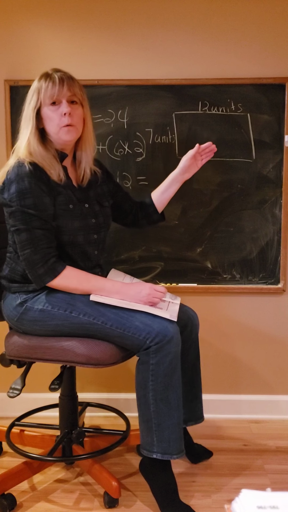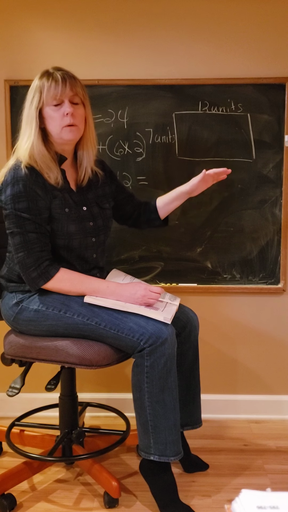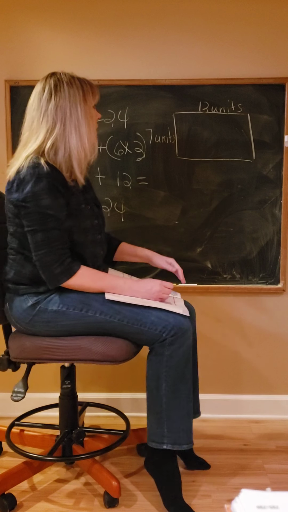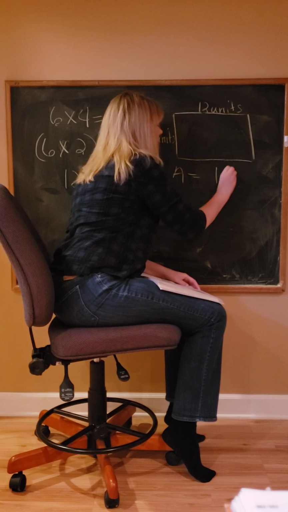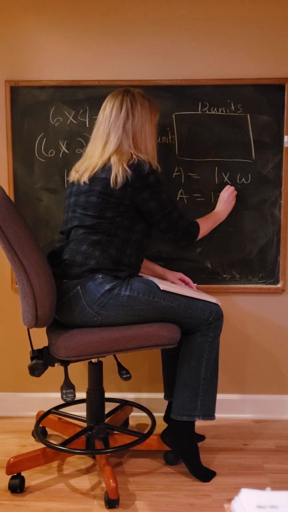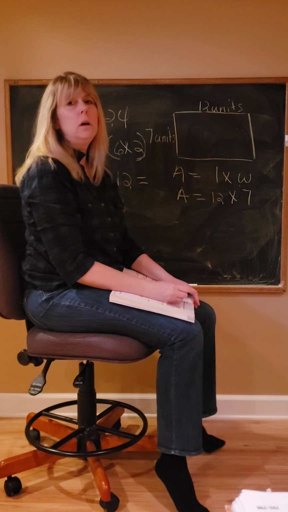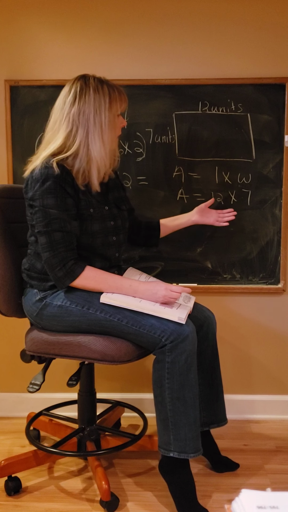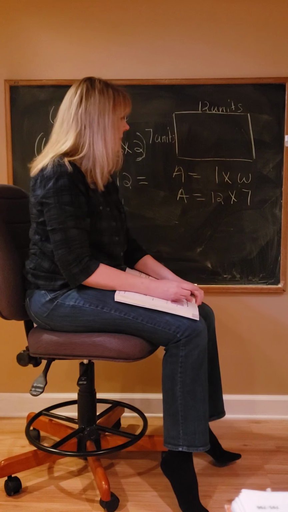Remember, in math, we're going to keep track of our steps and write every single thing that we do down as we go. So what is my problem here? Area equals length times width. So area equals 12 times 7. And now I'm going to decompose and use the distributive property to find out what 12 times 7 is.